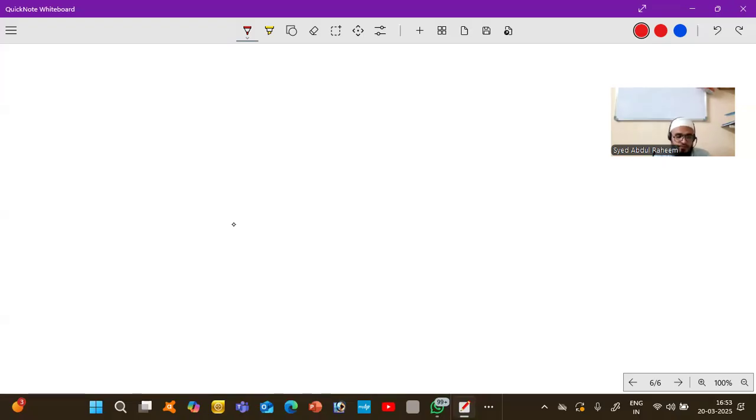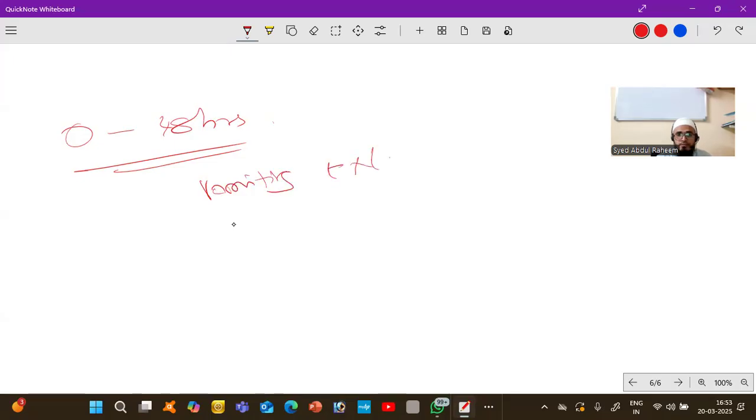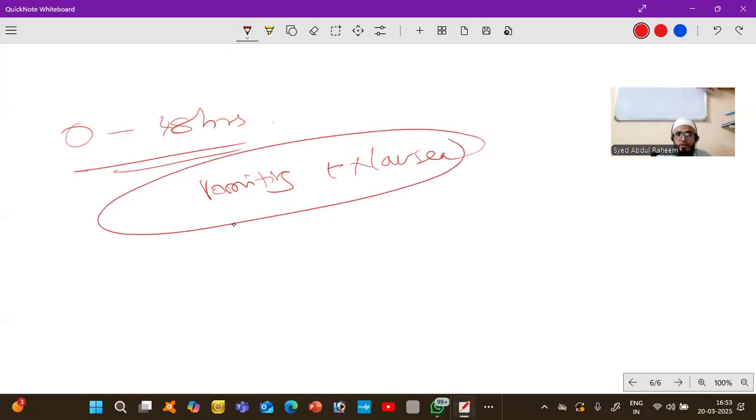Basically, from the starting period, 0 to 48 hours, he will have some symptoms like vomiting and nausea. Vomiting and nausea are the common symptoms for 0 to 48 hours.